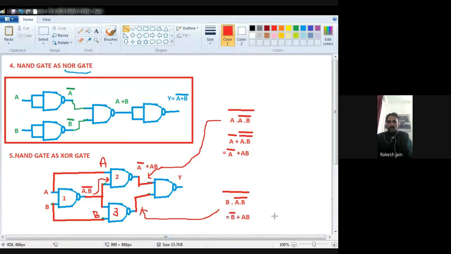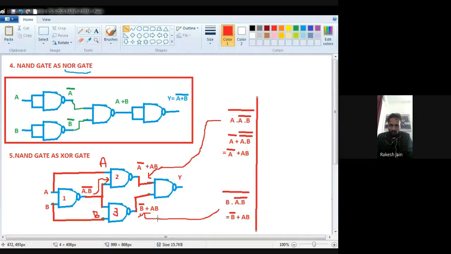So here we have B bar plus AB. Now these are the two inputs of this final NAND gate. See very carefully the calculation for the output Y, because it is a little bit complex, but after analyzing this you will see.